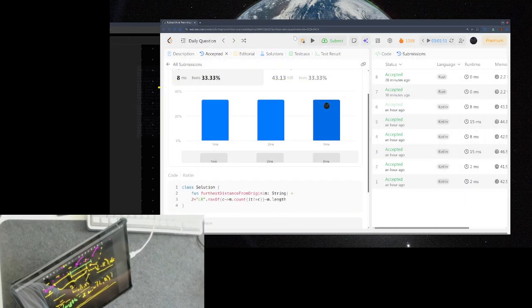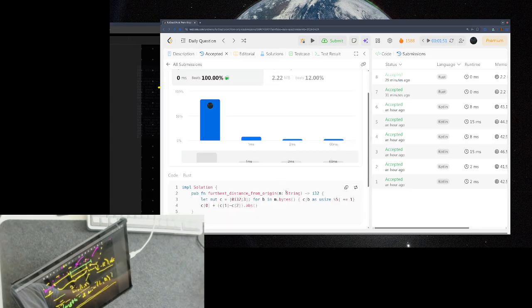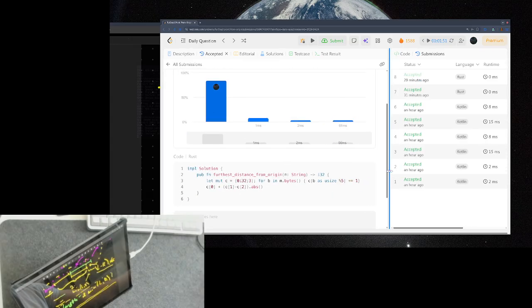So this is the solution. Now let's look at the Rust solution. The Rust solution is also interesting. I wouldn't publish this, but I would explain it. So we take an array of 3 elements, and then we iterate over the bytes of the string and take modulo 5.